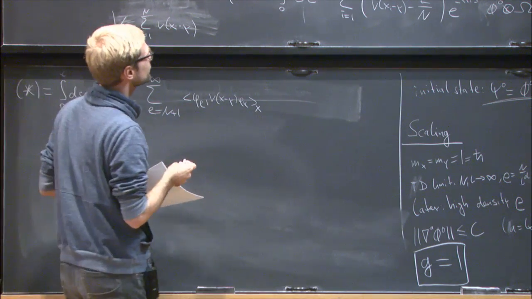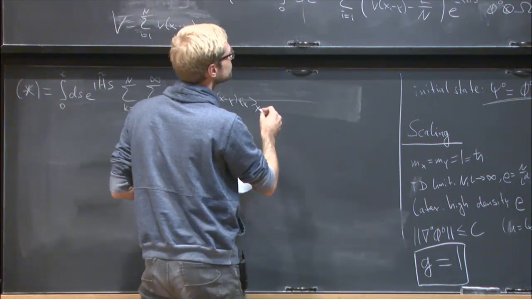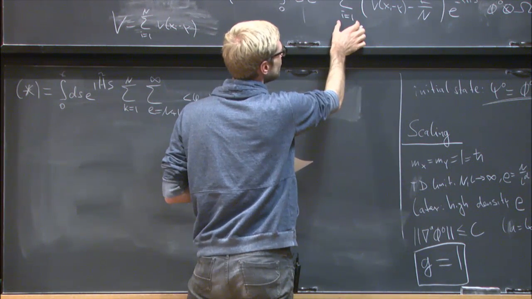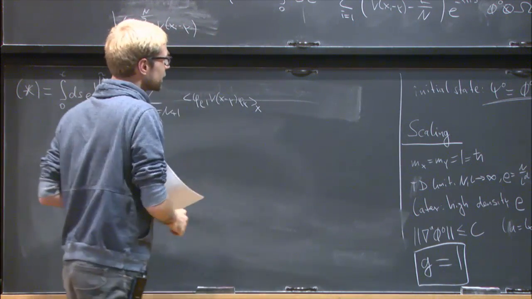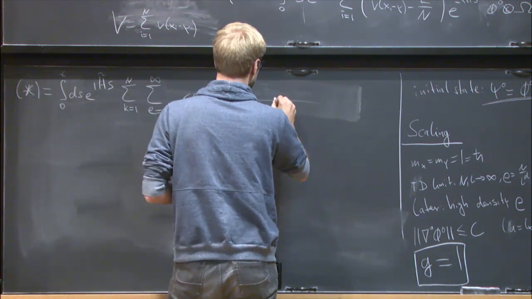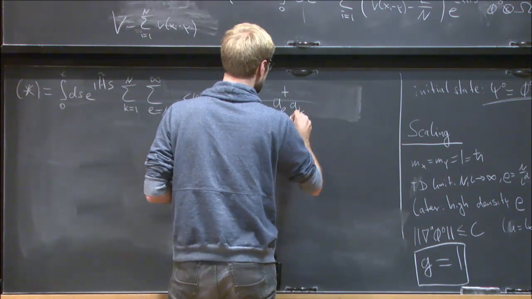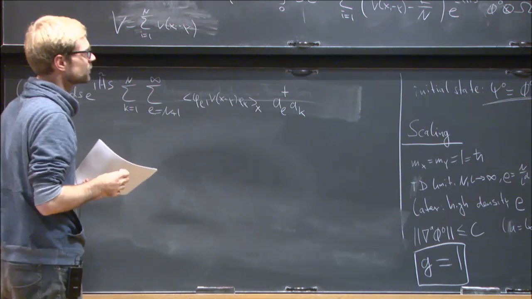And then what have I left? If I sum over all these possible particle variables again, I get here a dagger L, a k term, if I write it in second quantization.